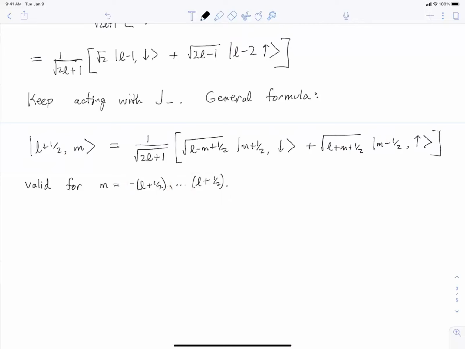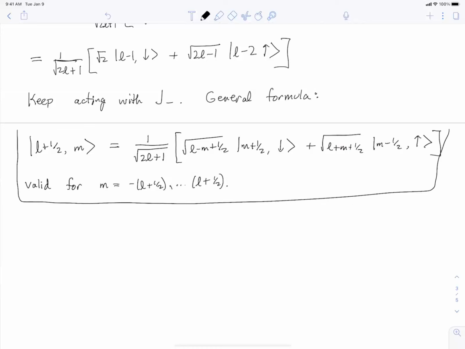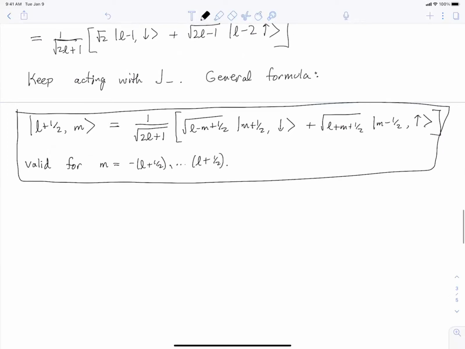Okay, so we've now constructed a whole bunch of these states. How many have we constructed? We just count up the number of m's that we have here. That's the number of states. So the number of states that we've constructed is, we've already done this counting actually, equal to 2L plus 2.